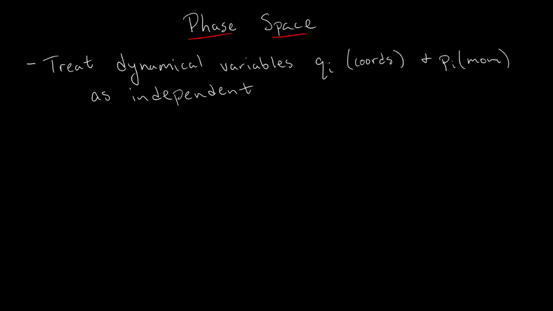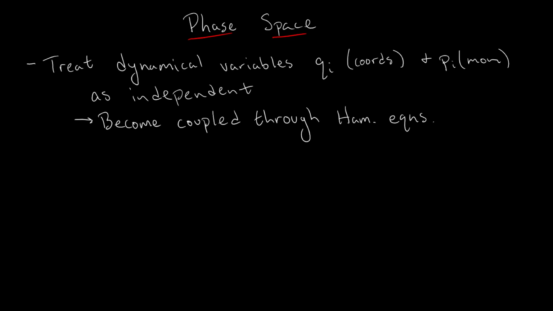These are all completely independent variables that become coupled through Hamilton's equations. We assume that all of these are completely separate, but we allow them to come together and talk to each other by means of Hamilton's equations, and this is going to determine the evolution of the system.